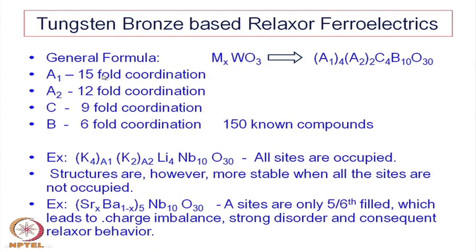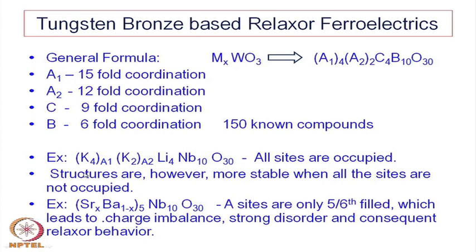The description of the structure is like this: A1 has a 15-fold coordination, A2 is a 12-fold coordination, C is a 9-fold coordination, and B is a 6-fold coordination. So, the structure is quite complex in nature.